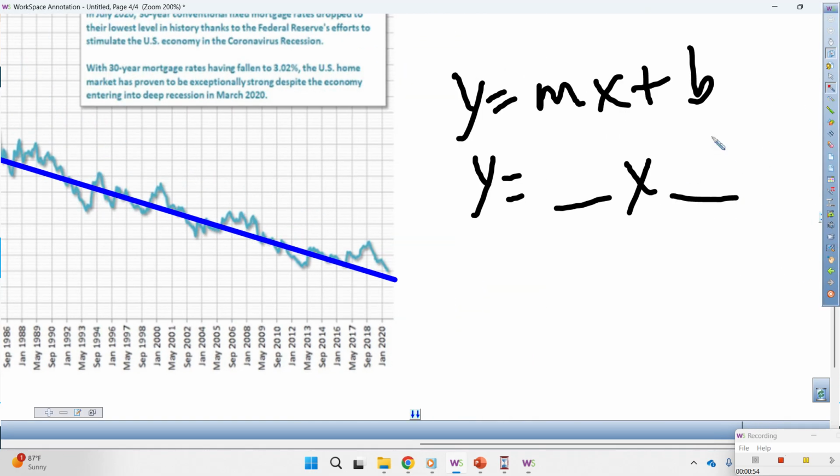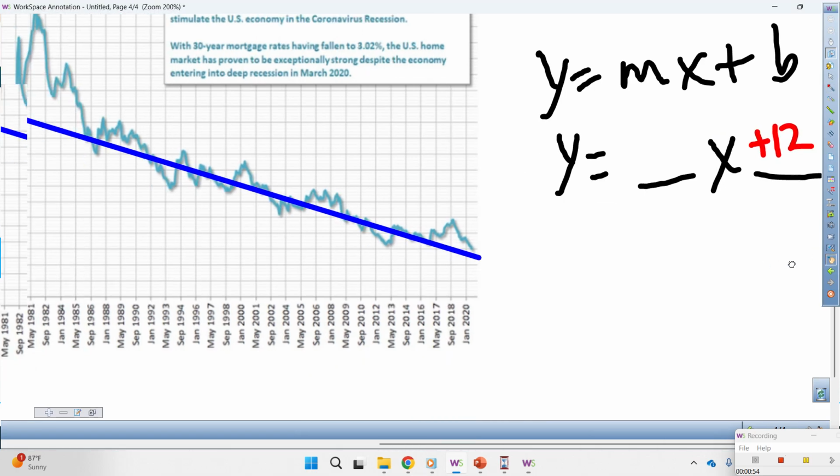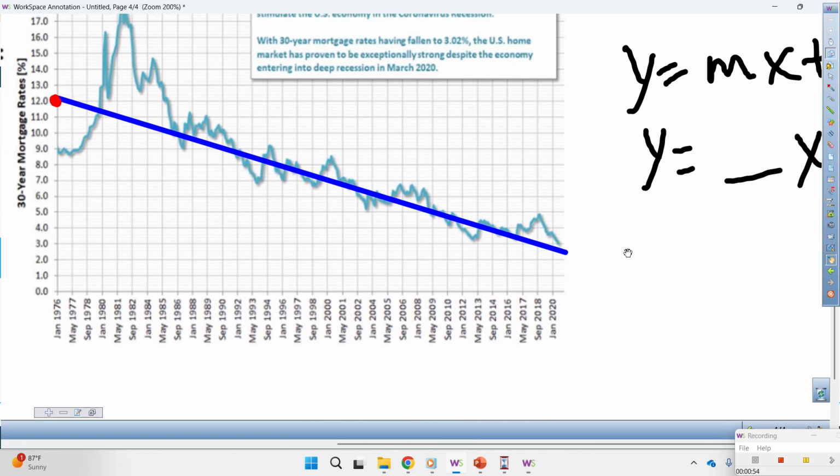All right, good. So plus 12. Next, I need a slope. That means I need 2 points. Do you guys see the 2 points? This one, and is it going through this point right there? Yes. So that means it's going downward 1 step, and how many to the right? 3. So that means it's -1 over 3.